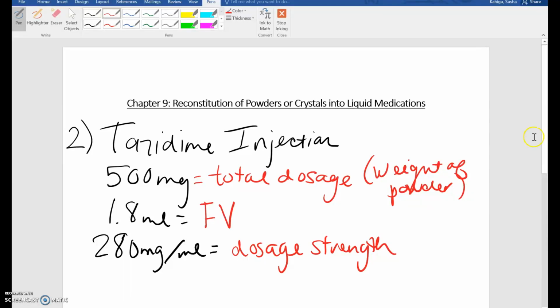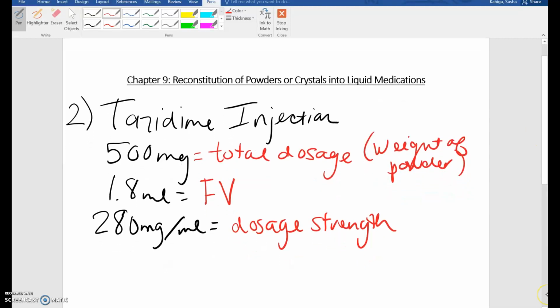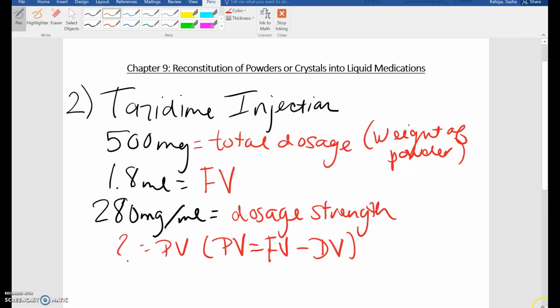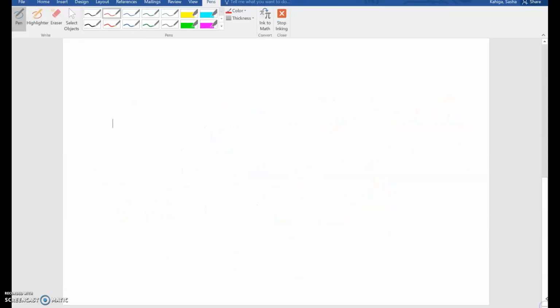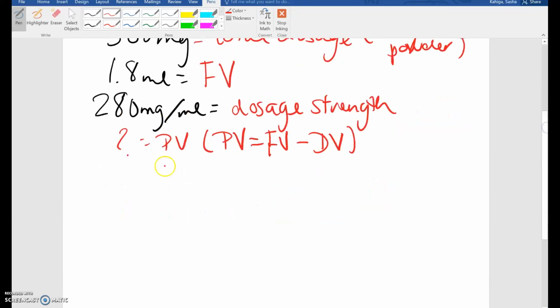So the question that it is asking us is to find the powder volume. In order to solve that, you have to use the formula PV equals FV minus DV. So as I'm solving that, you know that your final volume, you guys calculated that to be 1.8 milliliters.